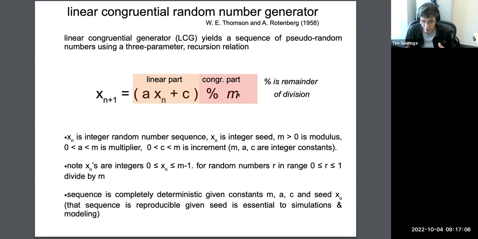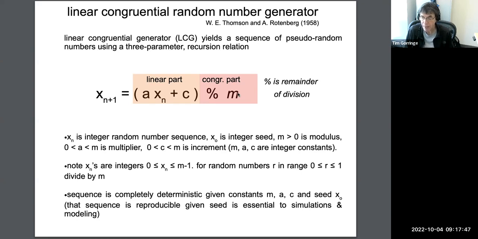Now, avoiding or minimizing that flaw comes down to your choices about the two other parameters: the multiplier A and the additive constant C. For different values of A and C, we'll discover that you get different periods. One set of A and C might give a short period, another set would give a longer period.